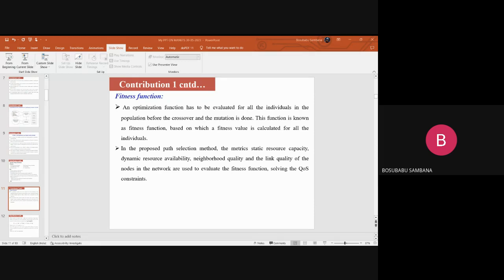Then the first parent chromosome and second parent chromosome, and how to connect with the source and destination through various factors: signal, node connectivity, operation connectivity, link connectivity, static and dynamic, and quality of services. And what is the mutation capacity? The mutation capacity is the solution for when a node fails or a node transmission is disconnected.